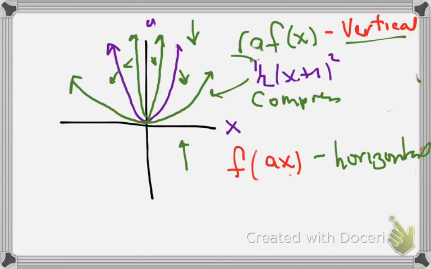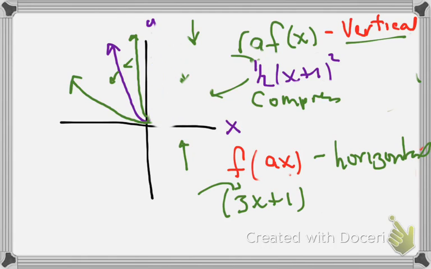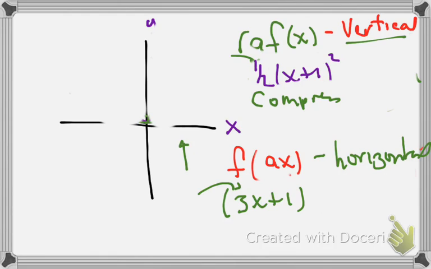Horizontal, if I had something that looks like this, that means it's getting narrower. I'm going to erase this so we can redo this. If that a is greater than 1, that means it's getting narrow.